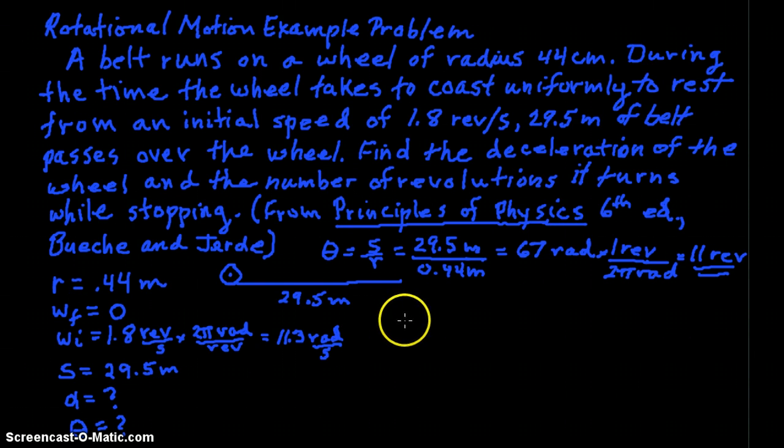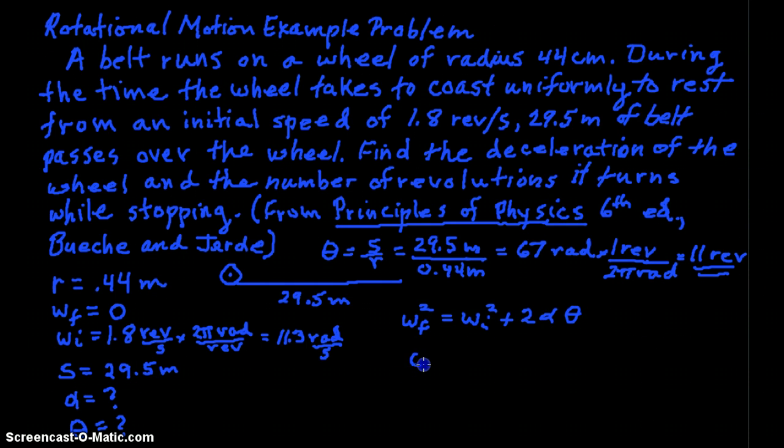If you look at all your formulas, with your formula sheet in front of you, what I see is this formula can be solved for alpha because you know everything else. You know the final velocity, you know the initial velocity or speed, and you know the number of revolutions.